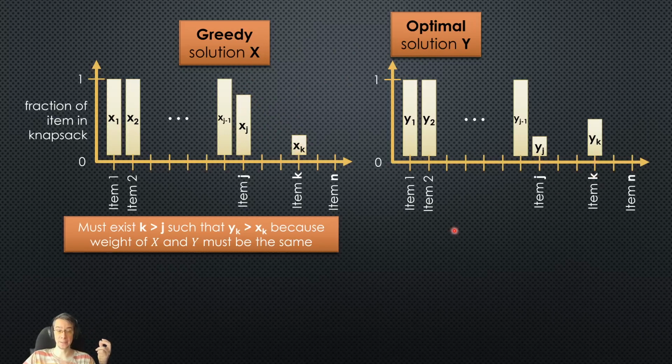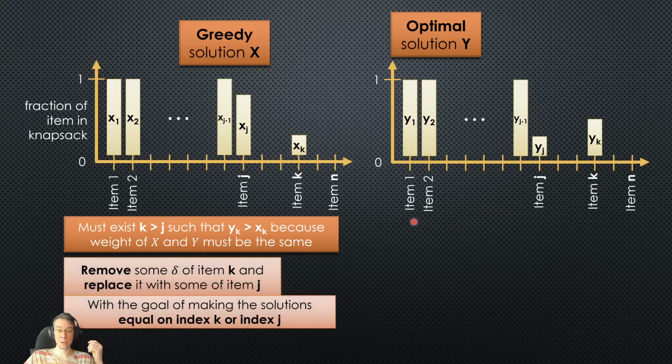Now, if we remove some delta fraction of item k and replace it with some delta fraction of item j, our goal is not just to improve the profit anymore, because these two items might have the same profit. Our goal is to make these two solutions, y and x, equal on one more index.